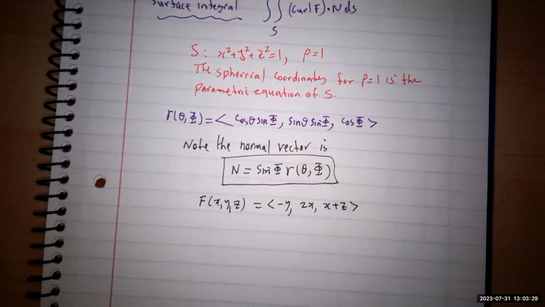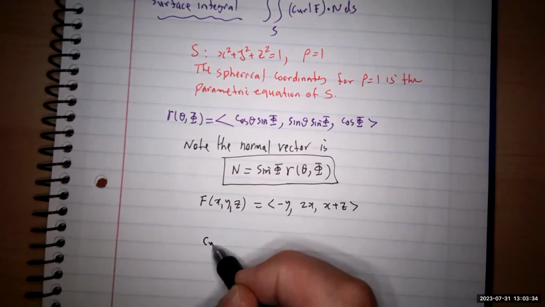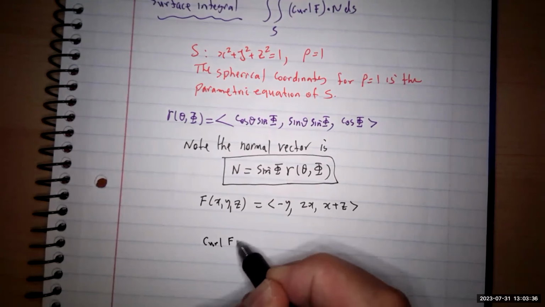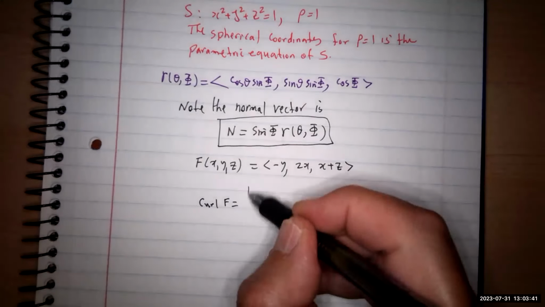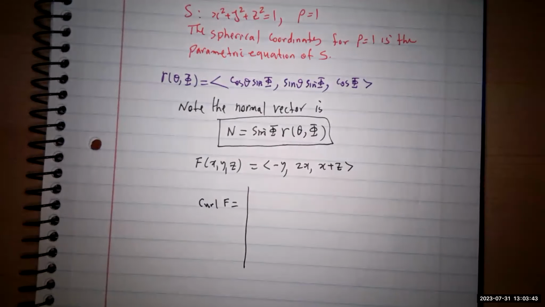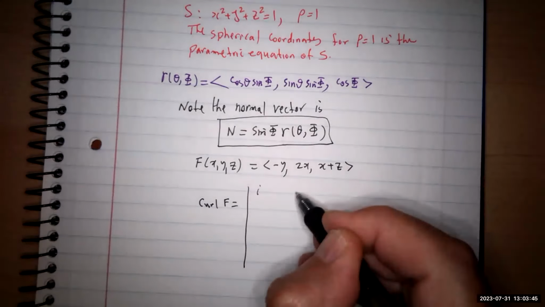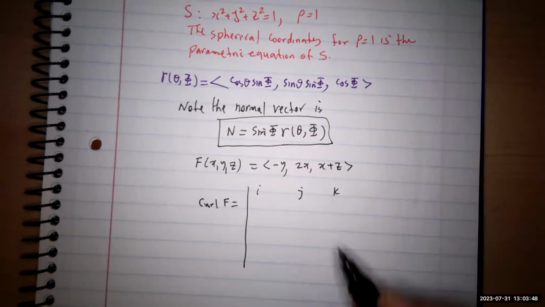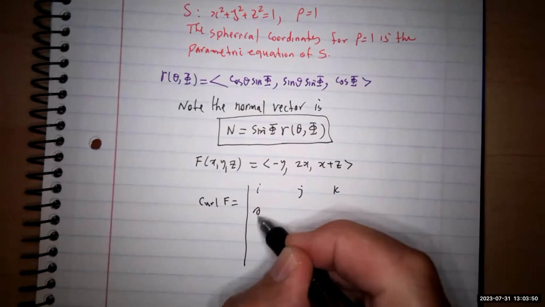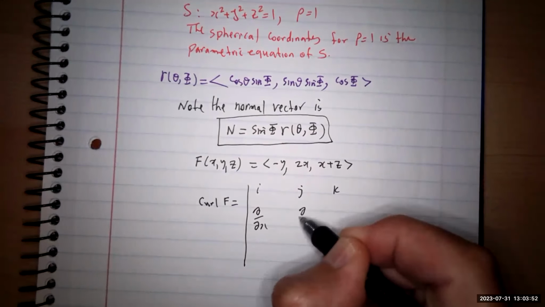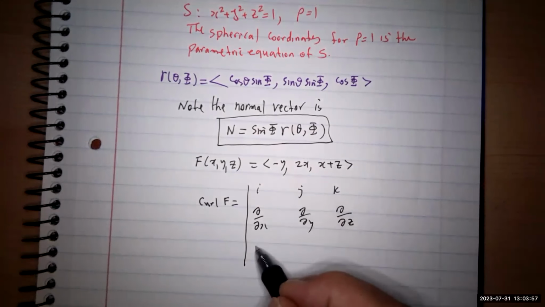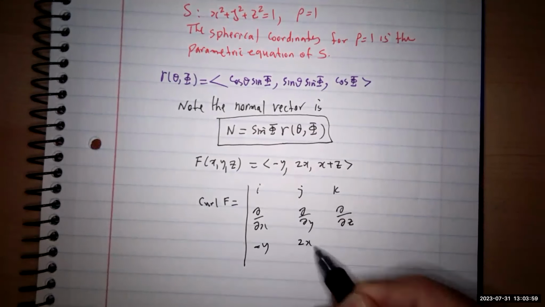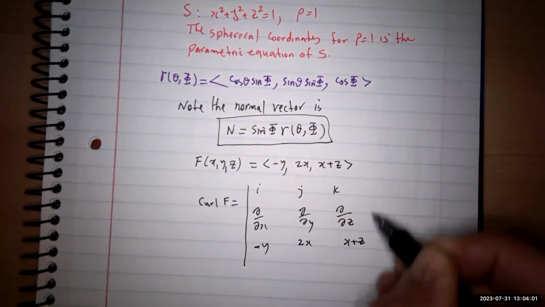So let's do it. The curl of F, that's going to be i, j, k, and partial x, partial y, partial z, of the function negative y, 2x, and x plus z.